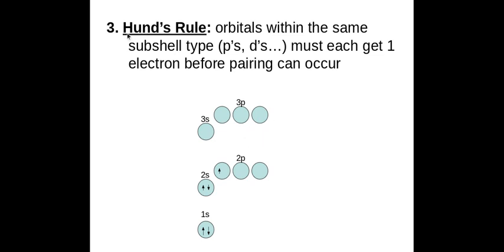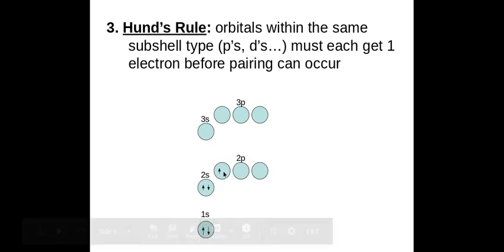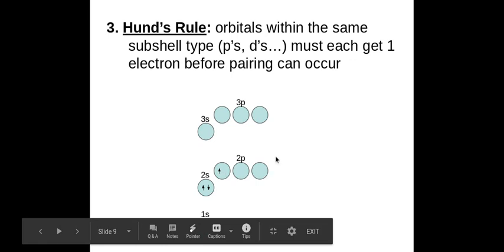Now here's where Hund's rule comes into play. When I go to put a 6th electron in there, I'm not going to put it in this same orbital here. What I'm going to do is spread them out across this subshell before any of them get paired. So the 6th electron is going to have to show up in this orbital, not be put here as a down arrow.